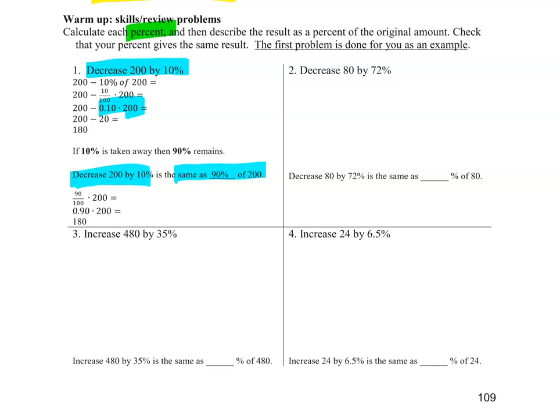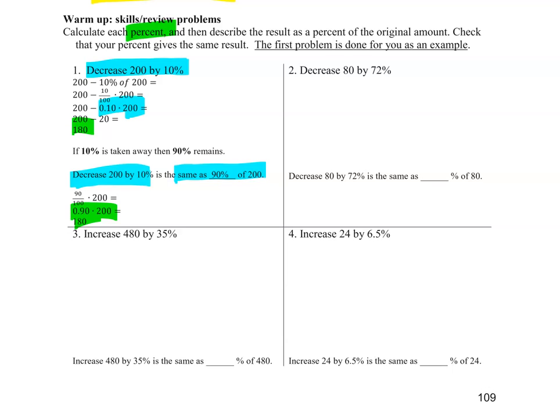Do you agree? So look at this. If we get 90% of 200, that's 90 over 100, or 0.90 times 200, which is also equal to 180. So again, decrease 200 by 10% is the same as 90% of 200.